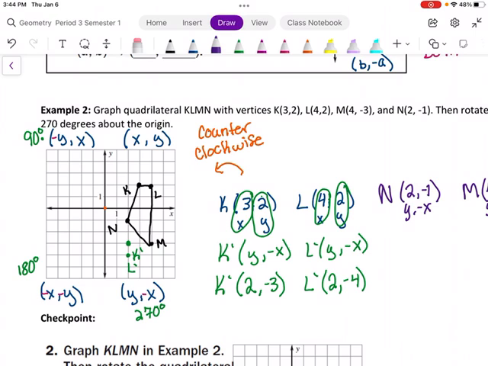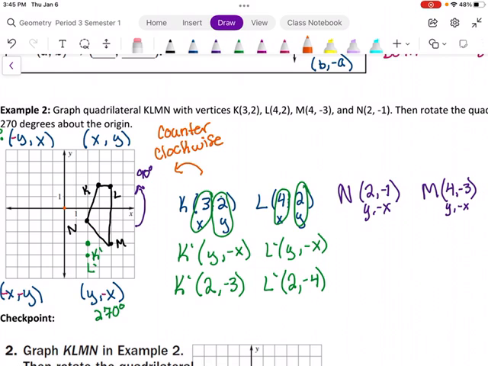So from this bottom quadrant going up, this would be going 90 degrees, 180 degrees, and then 270 degrees. So it matters where you start for where you are going to go.